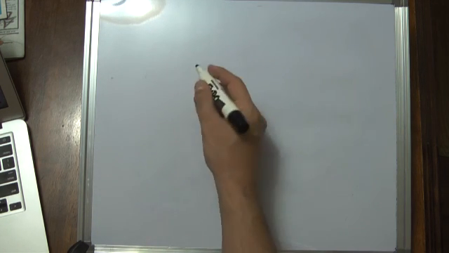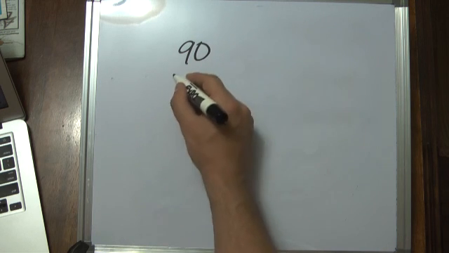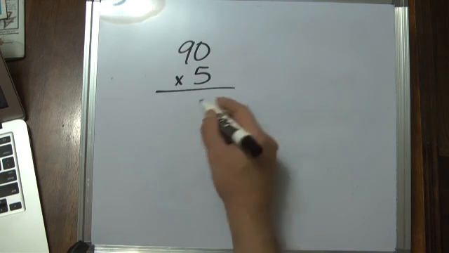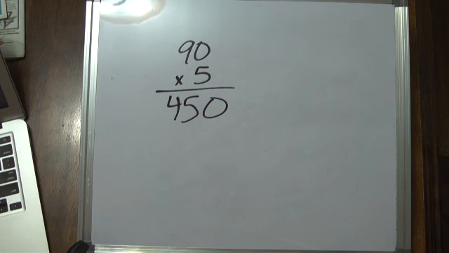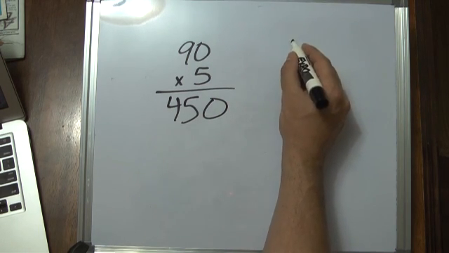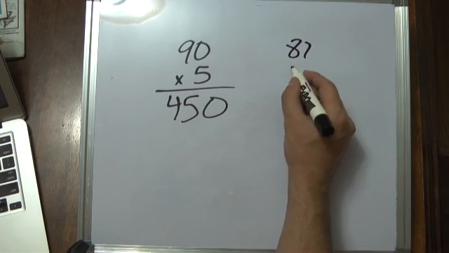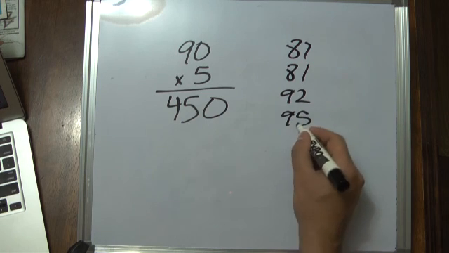To average 90 miles a week for 5 weeks means we're going to multiply. And that's 450 miles total. To average 90 miles a week for 5 weeks, he's got to bike 450 miles total. Well, he's already biked 87, 81, 92, and 95 miles.